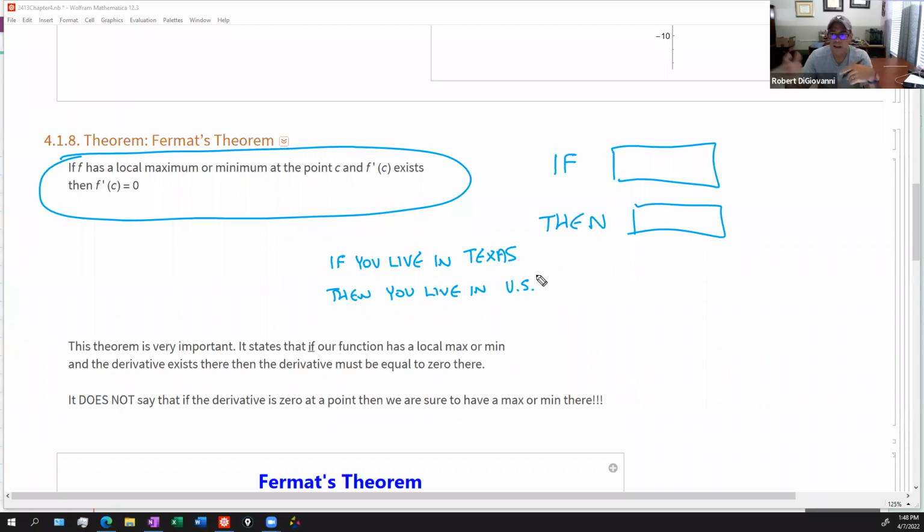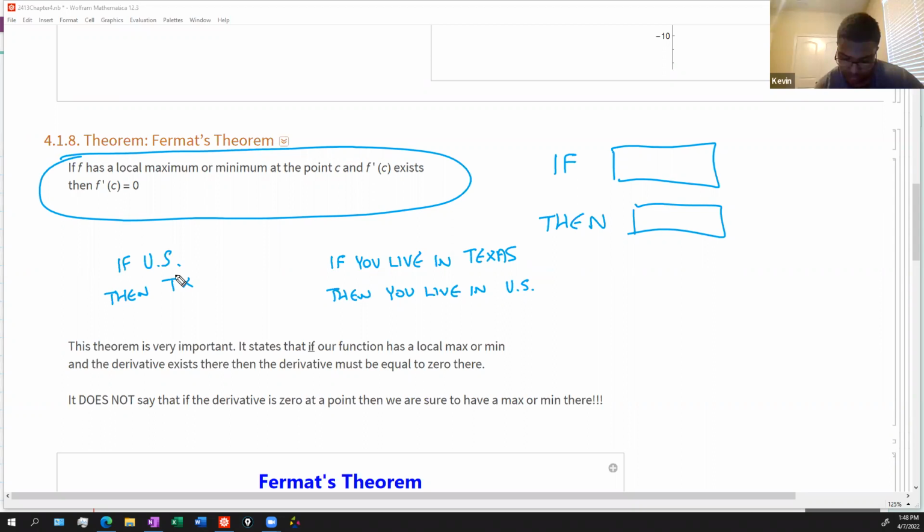Yes? Can I switch the order of that and it still be true? If you live in the US, then you live in Texas. Well, you could live in the US and live in Texas, but it's not guaranteed, right? So this would not be true.